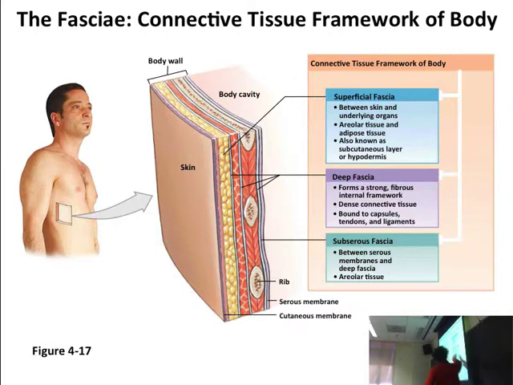Then there is a deep layer of fascia, not invested with fat. Instead, this is dense connective tissue. Is anybody a cook here? Anyone who works with meat, cuts up beef?